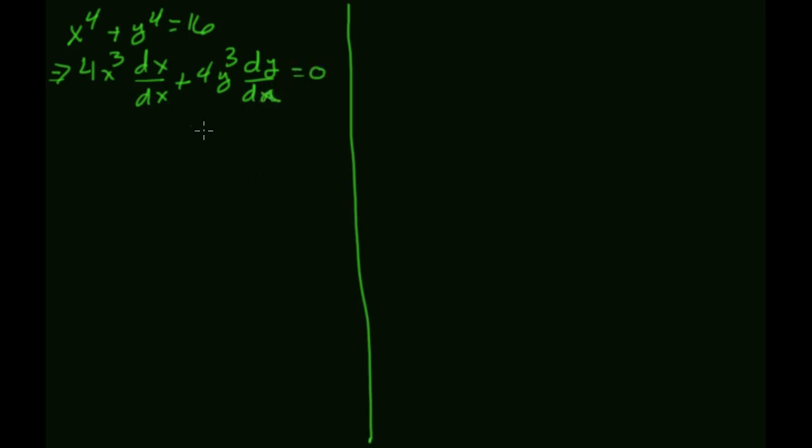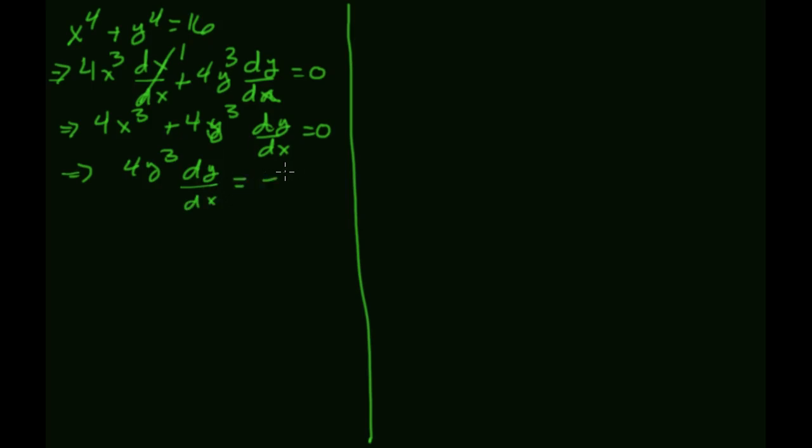So everything's working just like it did before. This is 1, so we get 4x cubed plus 4y cubed dy/dx is equal to 0. And this gives me 4y cubed dy/dx is equal to negative 4x cubed, which implies that dy/dx is negative x cubed over y cubed. Okay, so that's the first derivative.